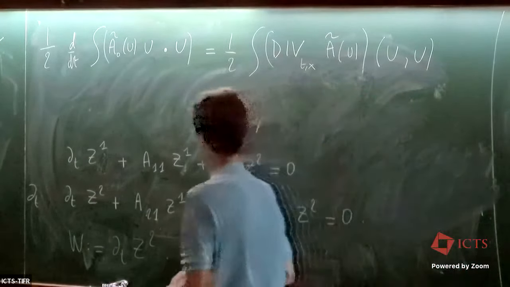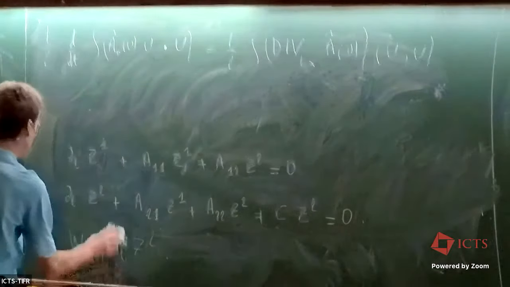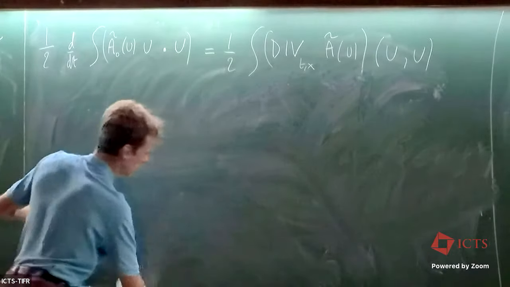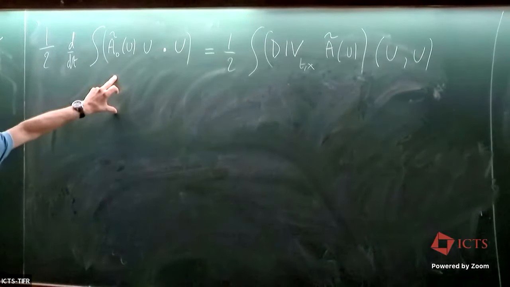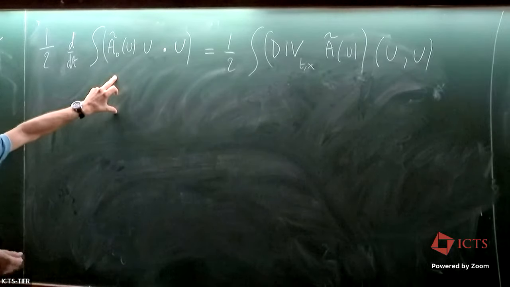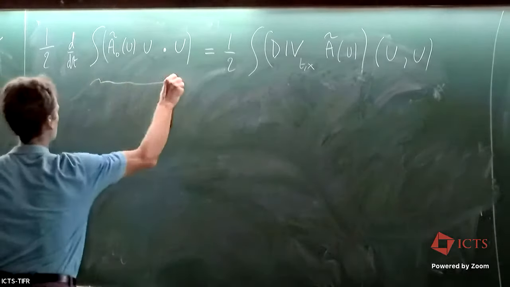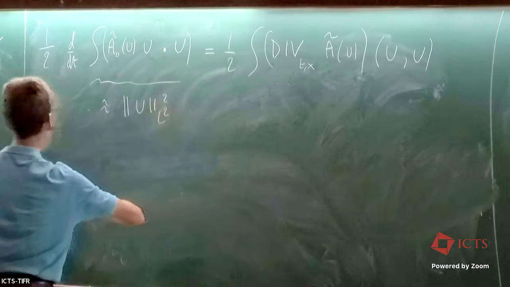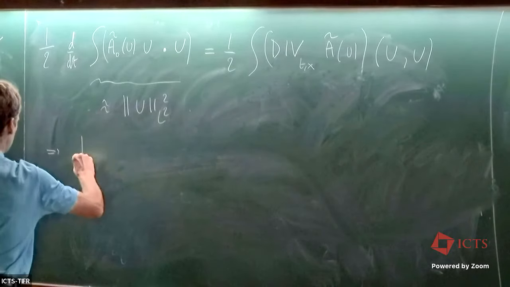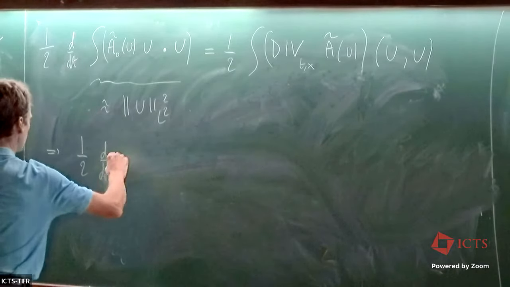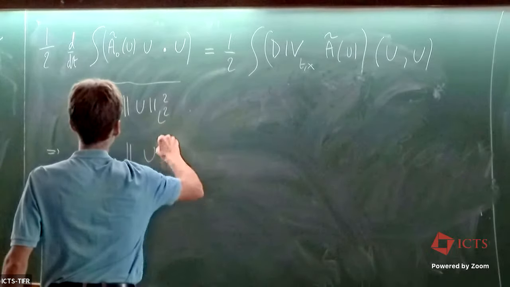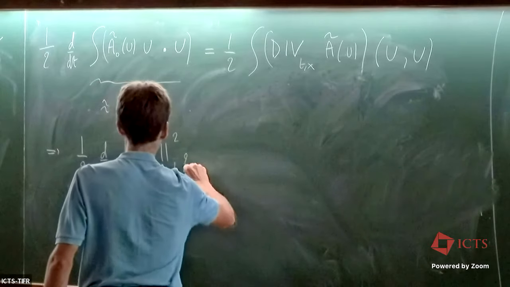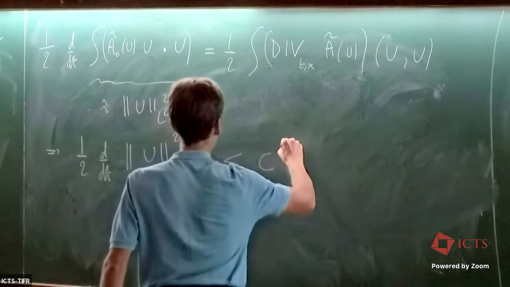Okay, and so from that, if you assume some uniform positivity, this is equivalent to the L2 norm squared, and you end up with an inequality of this type, with something which is not exactly the L2 norm, but a kind of weighted L2 norm, which depends on A0, smaller than some constant.